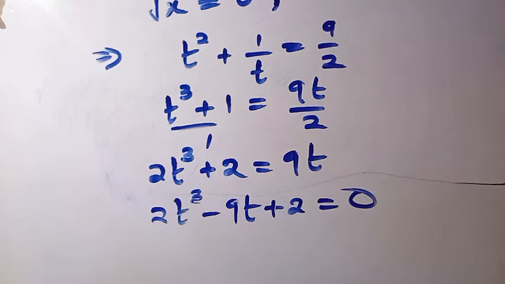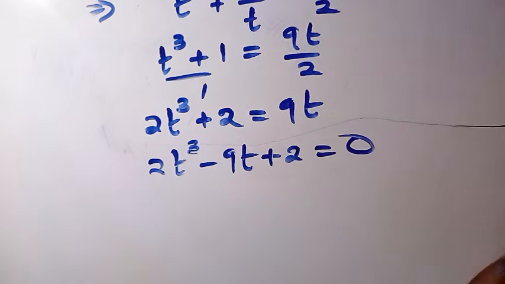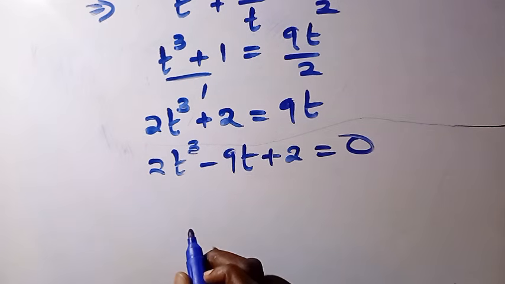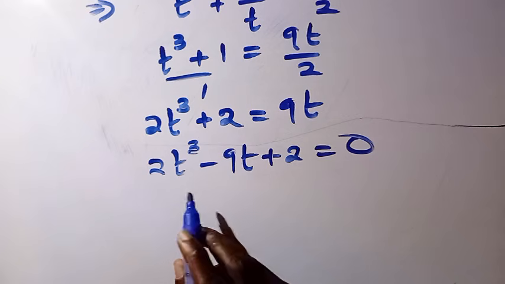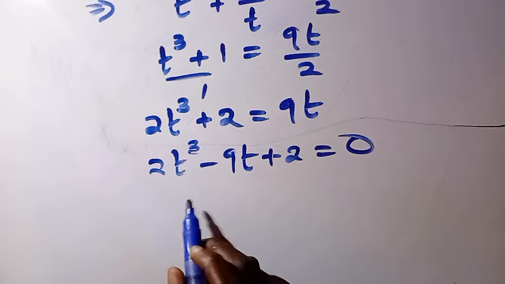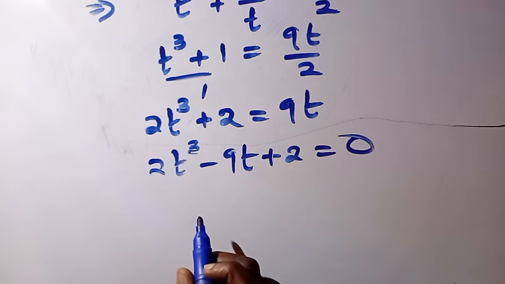This is a cubic equation. We need 3 answers, but we're only interested in the positive solution here, not the negative solution. And we cannot factorize this directly. Let's try to use the remainder theorem.